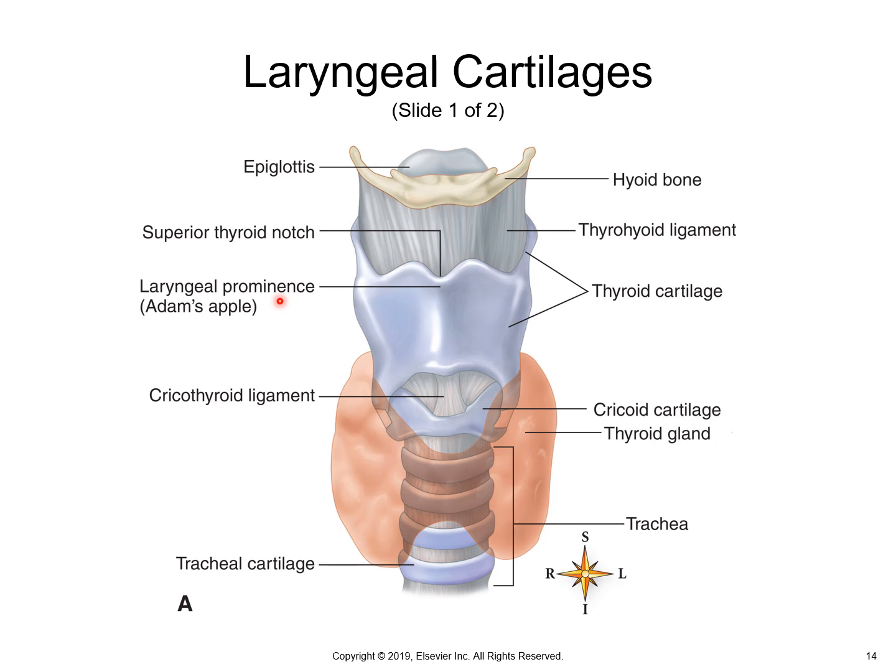We also have the superior thyroid notch, which is just a small dip at the top of the thyroid cartilage. It is an important attachment though for ligaments and also muscles.